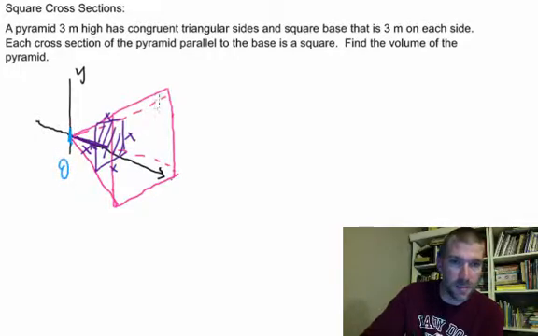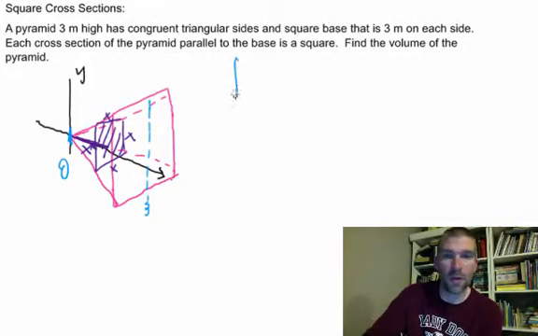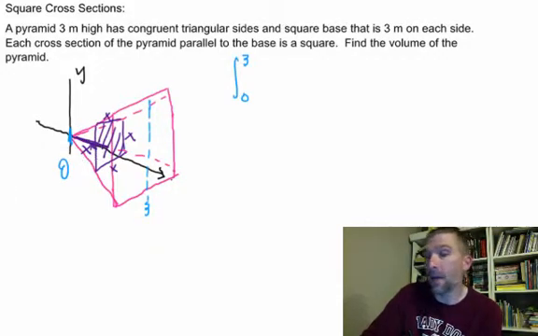So if this is 0, this right here where our last line is, is 3. So we know we're going to integrate from 0 to 3. We've got all these different little squares that we're trying to find the area of. How do you find the area of a square? You do a side times a side, or x squared.